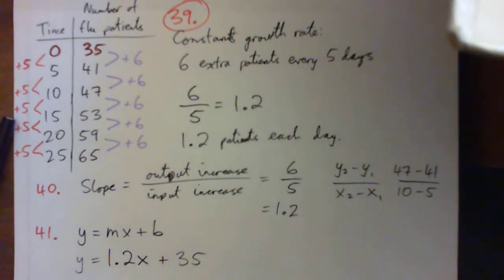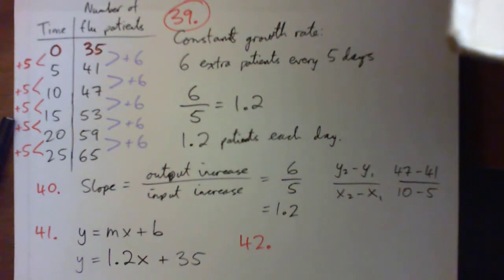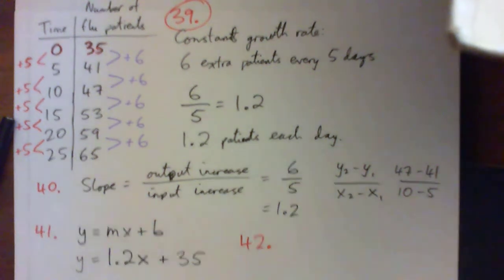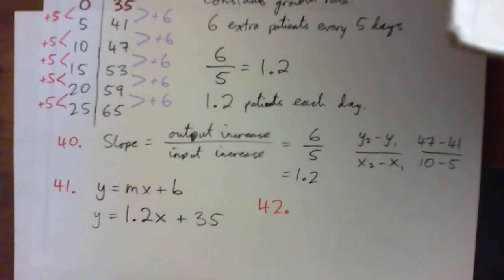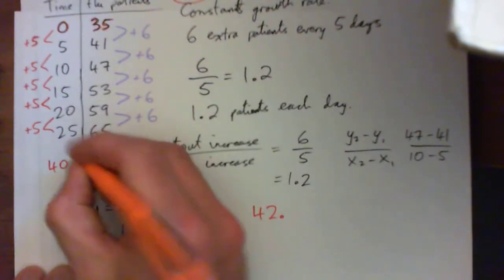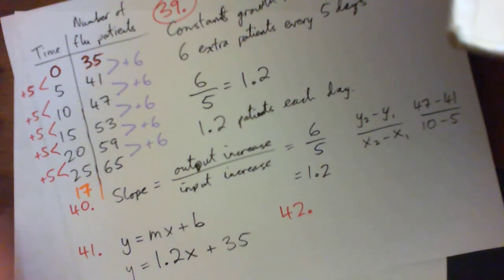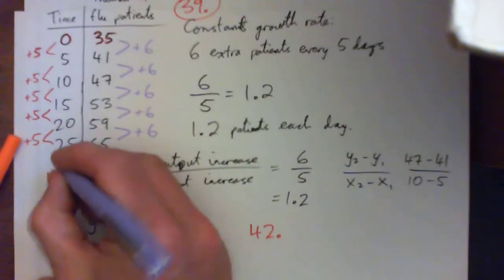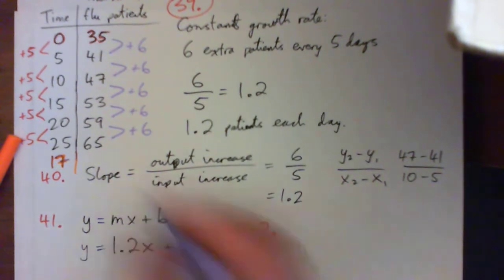And then you can just use that formula to do number 42, which is, what would you expect to be the total number of diagnosed flu cases after 17 days? So question 42 is just asking, well, if x is 17, what's the number of flu cases we expect, right? So you just plug 17 into the formula.